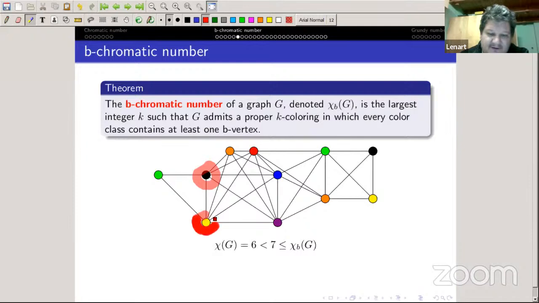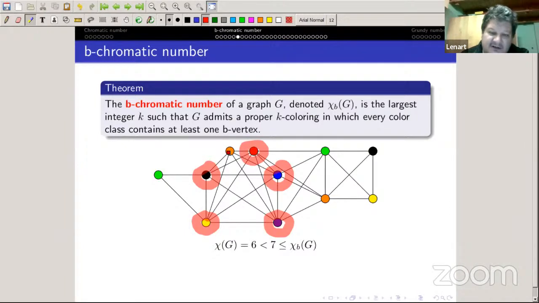This is a b-vertex for yellow color. So in the neighborhood are green, black, orange, red, blue, and violet, and so on. This is a b-vertex for violet. This is a b-vertex for blue. This is a b-vertex for red.